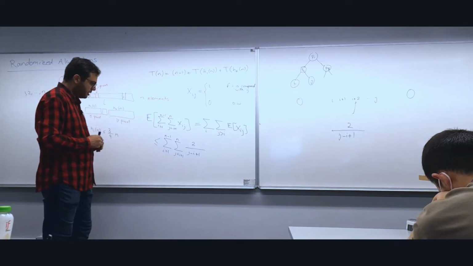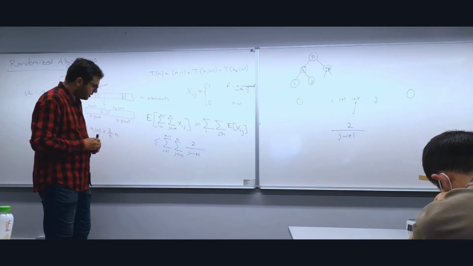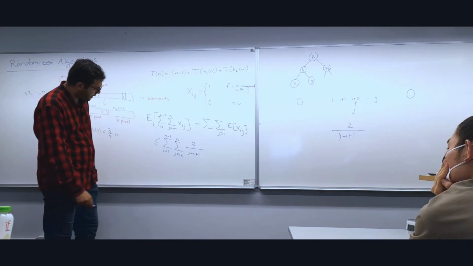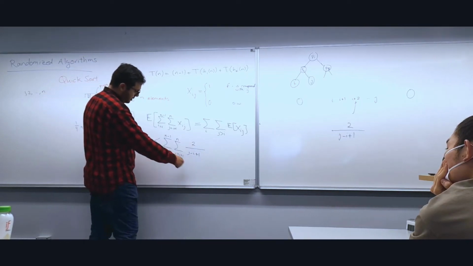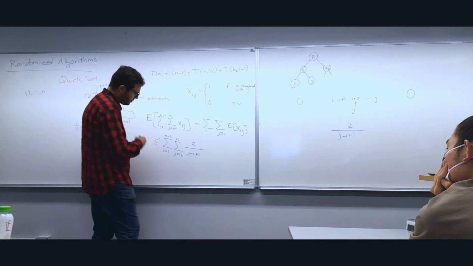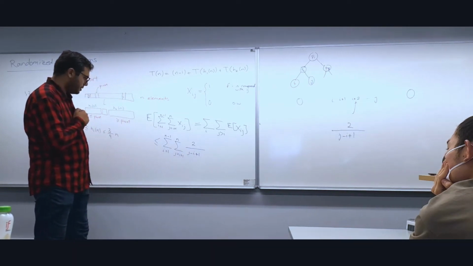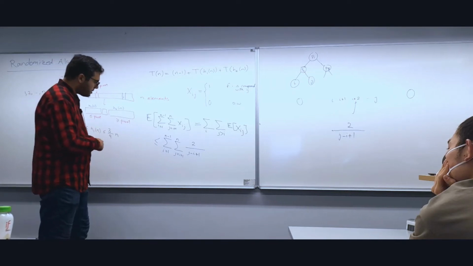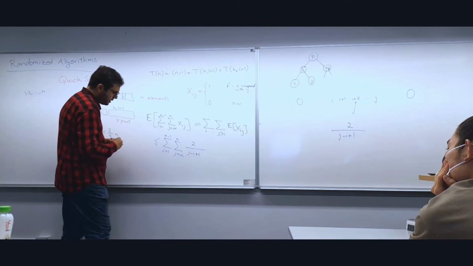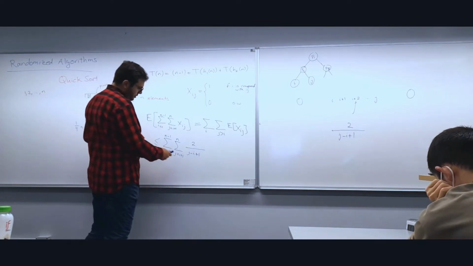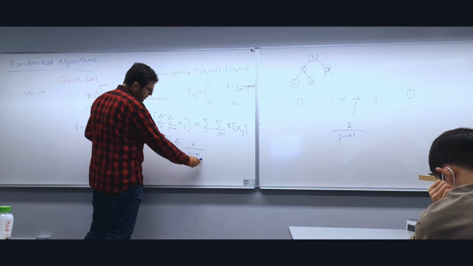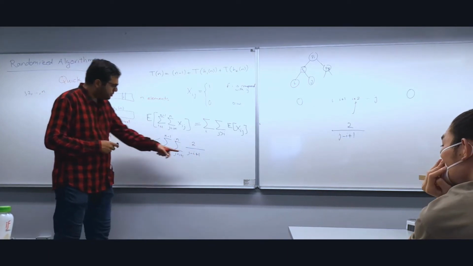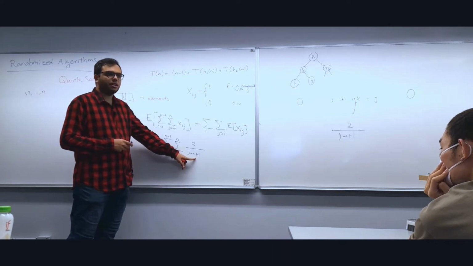So how would you do that? Let's fix some I and see what happens here. I have J minus I plus 1, and I can take all the possible values of J minus I plus 1. What are the possible values? It can be 2, 3, 4, all the way to n at most.